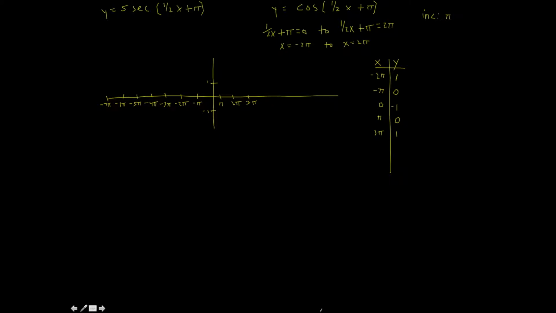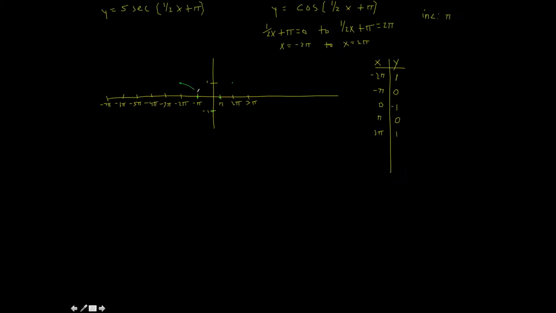Alright, so let's go ahead and graph that. So we have negative 2 pi, 1. We have negative pi, 0. 0, negative 1. Pi, 0. 2 pi, 1.